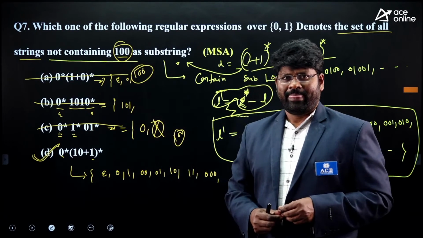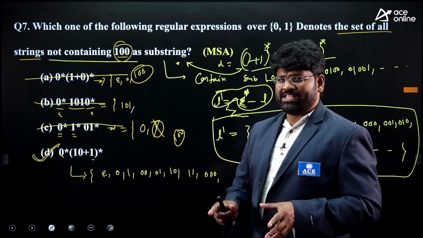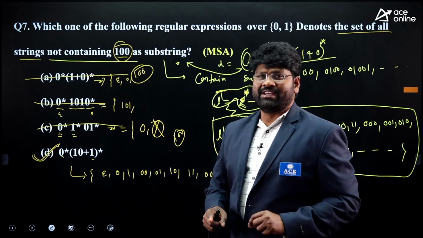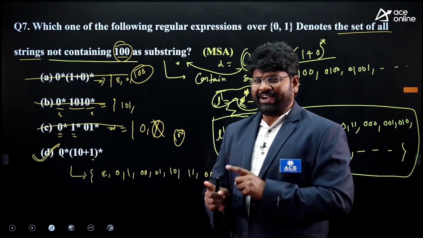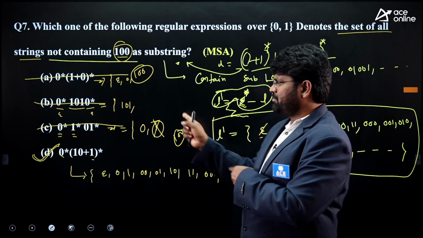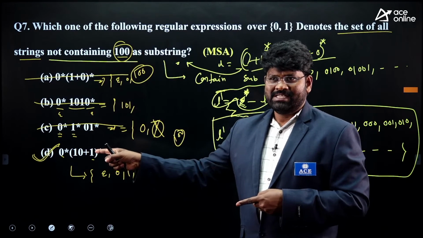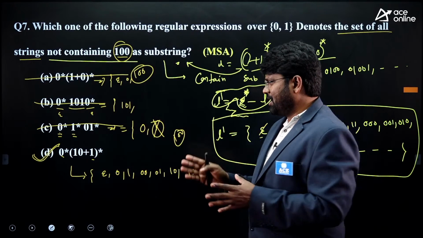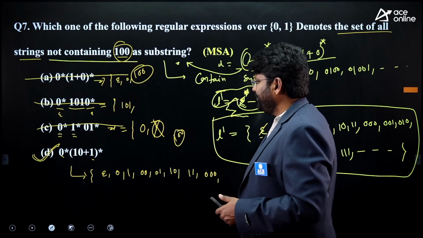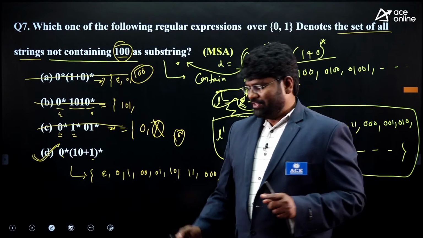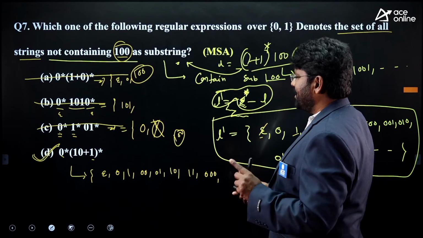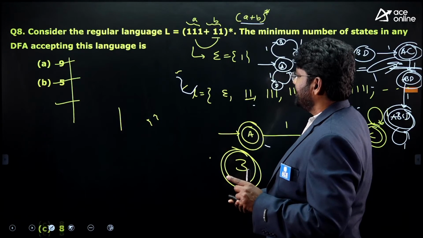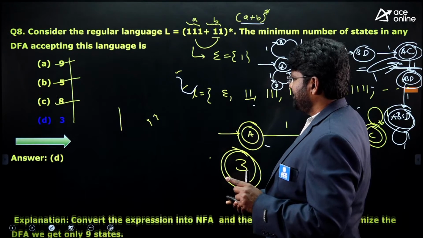Strong reason in the sense that you have to have some evidence of why you are avoiding it. You know, this string is possible from here, it is not possible here. Such evidence you have to figure out, and then you can confidently say what the correct answer is. Fine. So these are the models you can expect on these topics. Finally, you can now take the next question, be ready for that.